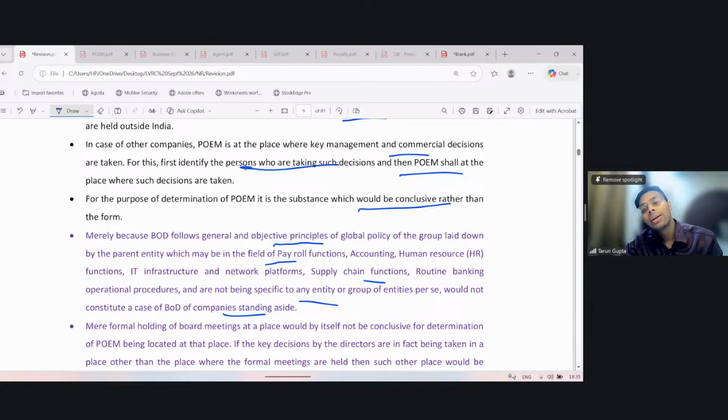So it says that it may happen that the board of directors are following general policies of the group in respect of payroll, IT, banking, HR, etc. But following such general practices, which are there for the entire group and not for a particular company, does not mean that the board of directors are not doing their job. Right?